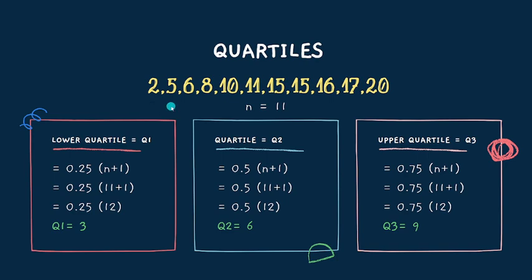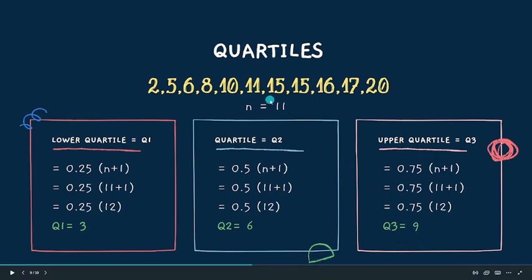So 1, 2, 3, that is 6. Then for our Q2, 1, 2, 3, 4, 5, 6, it is 11. And our upper quartile Q3, 9: 1, 2, 3, 4, 5, 6, 7, 8, 9, it is 16.